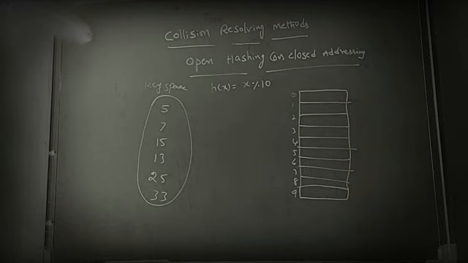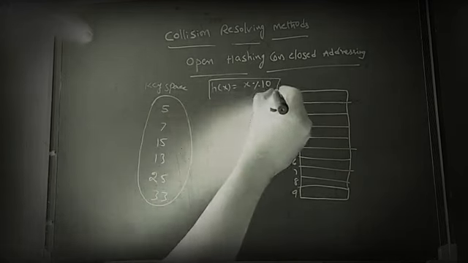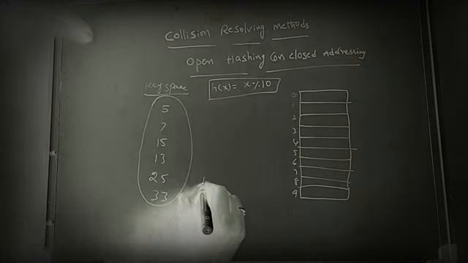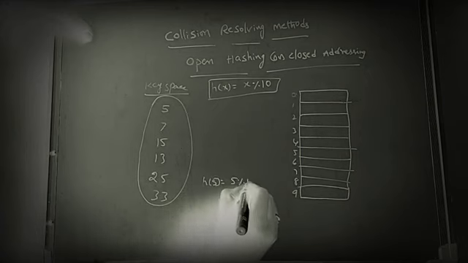Now apply the mathematical function on these inputs. h of 5 is 5 mod 10.